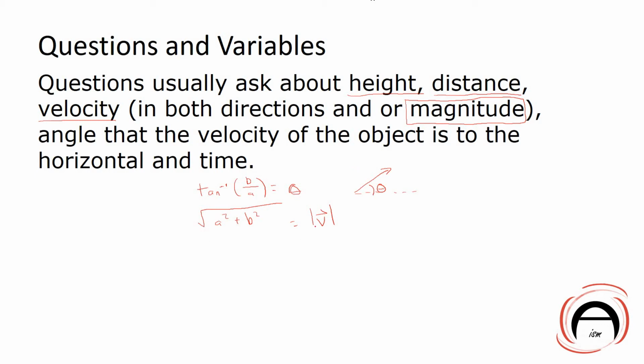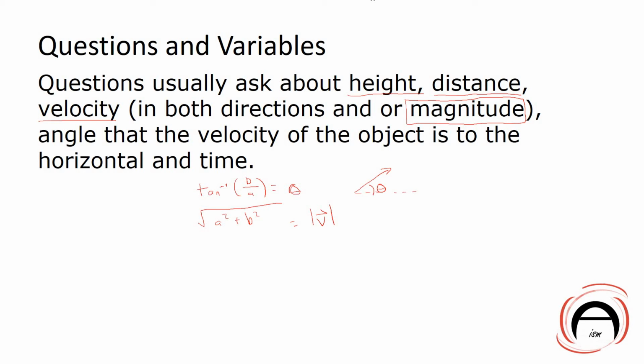Usually these problems just ask for a mix of things. They're going to give you a certain amount of information. They may give you how far an object goes, how high it is, what its initial velocity was in one direction or both directions. It can give you any of this information, and your job is basically going to be to use that information to find the rest of the information that they're going to ask you for.